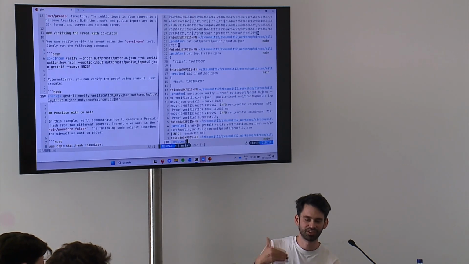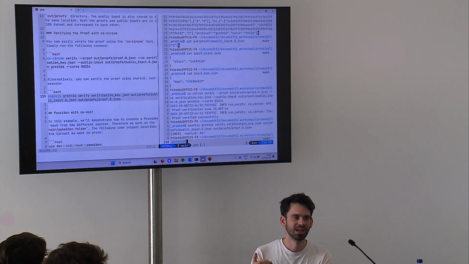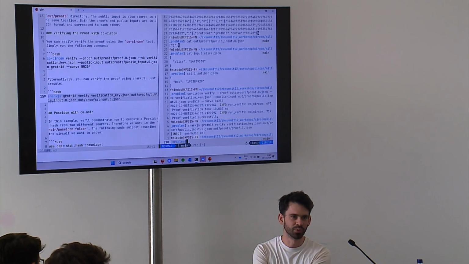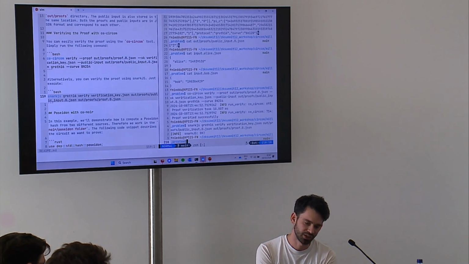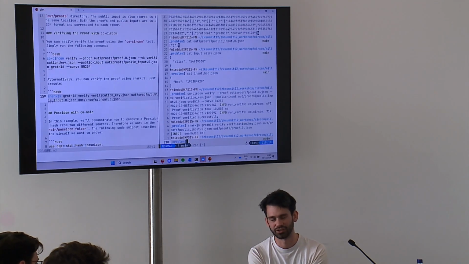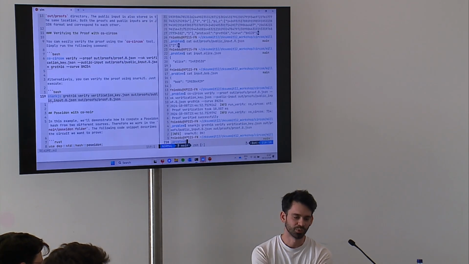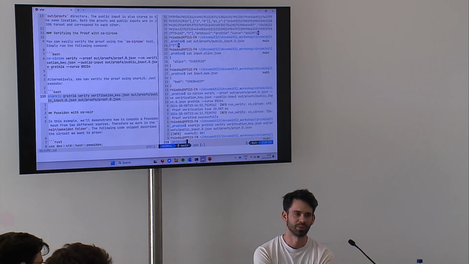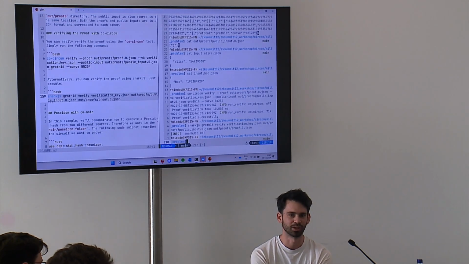So as I said, the Circom tooling is pretty much done. Of course, it's feature complete from our point of view. We could also add this PLONK prover and verifier, but I think it's not on the roadmap so far. What we are working on at the moment is especially improving the Groth16 performance so that we can actually catch up to RapidSNARK. And we're also investigating how we can speed up the witness extension. Because as I said, that's the big bottleneck.